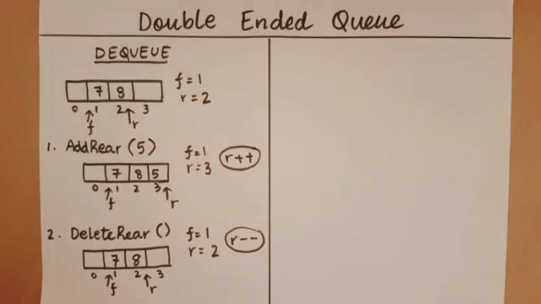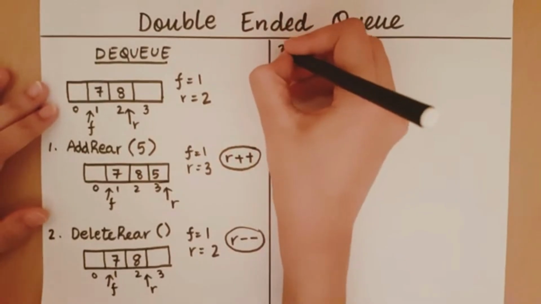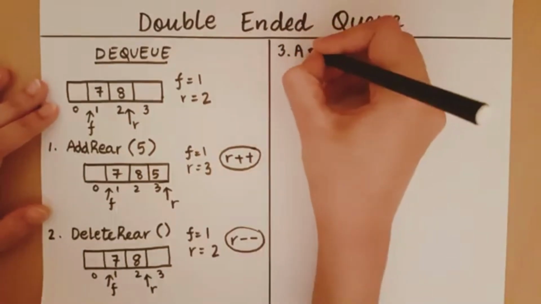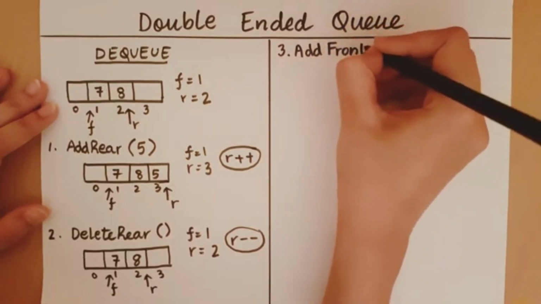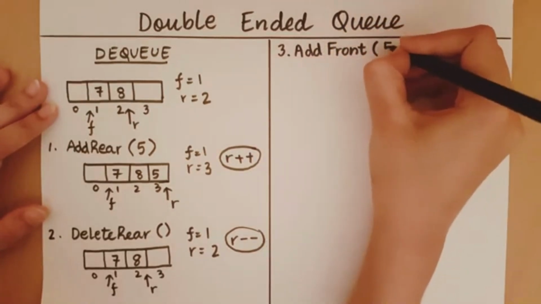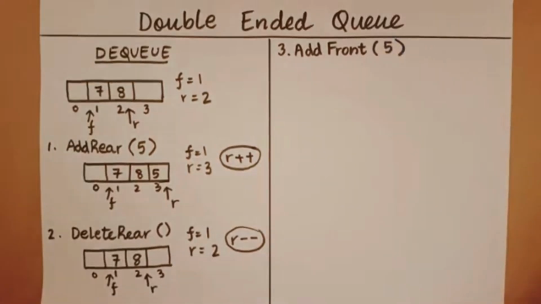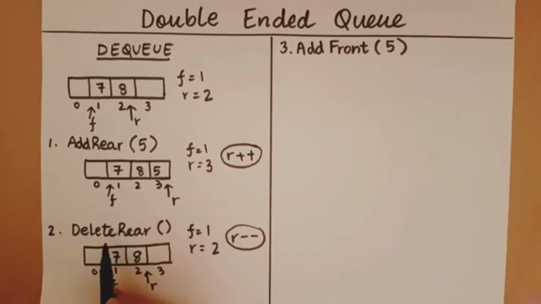Let's look at the third operation that we can do for this queue. Let's say I want to add the element 5 to the front of the queue. So if this is my existing queue, I want to add an element to this end. So I will add that element to this block over here.